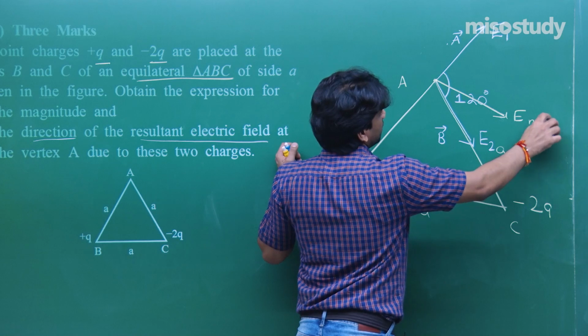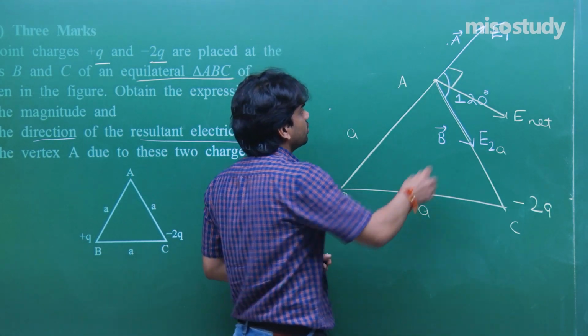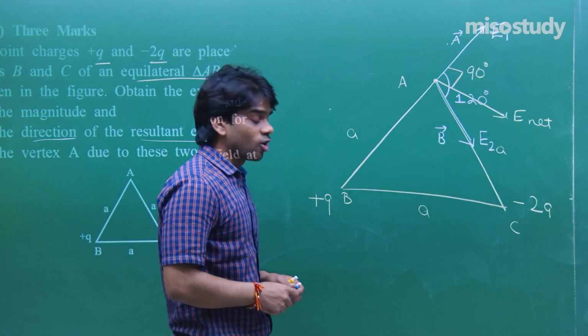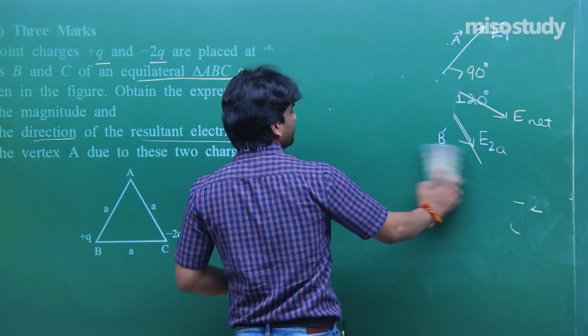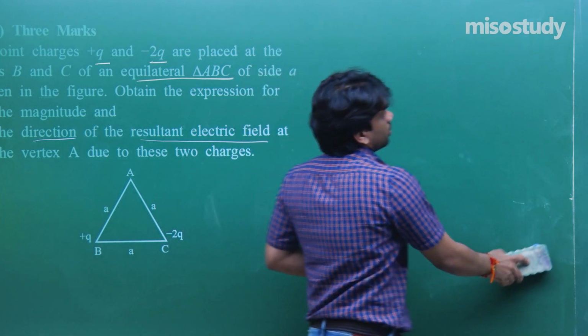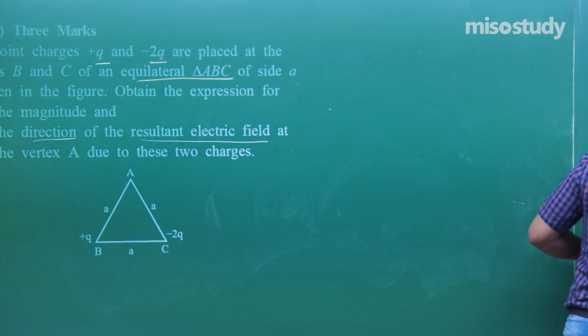This is the E net, 90 degrees with respect to this vector A which I have drawn. So the resultant is lying along this direction. Hope you have got how to evaluate this. And now let me proceed with the further part.